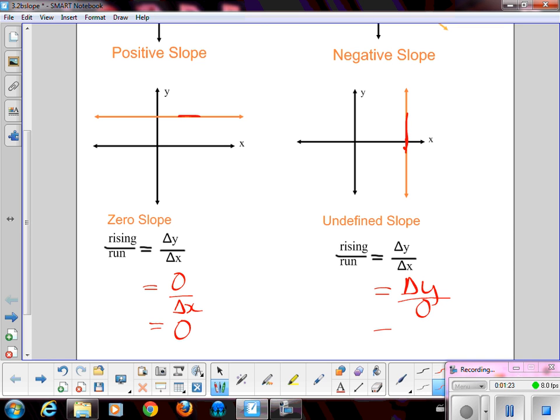So remember, we can't divide by 0, so that's where we get the undefined. So every single vertical line will have an undefined slope. So we get those on vertical lines. And zero slope is always horizontal lines.